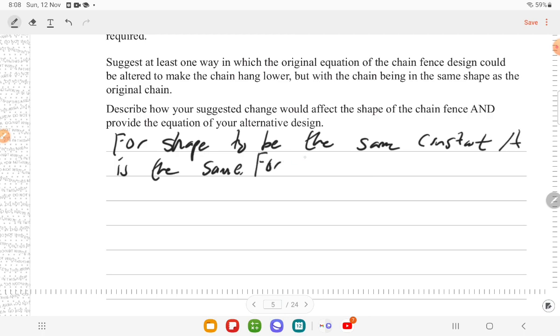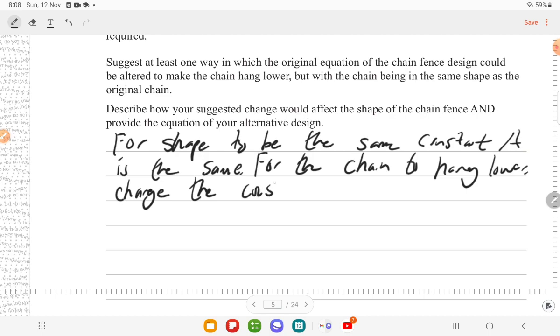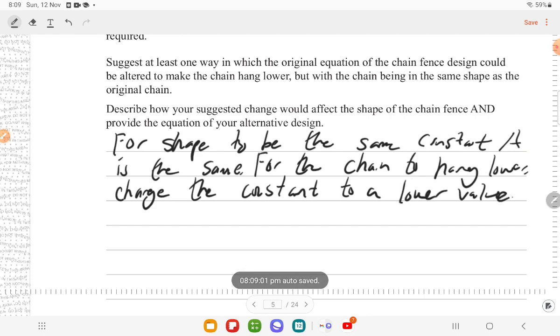For the chain to hang lower, change the constant to a lower value.